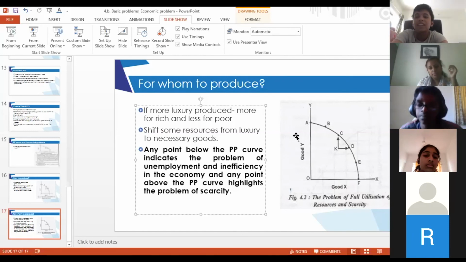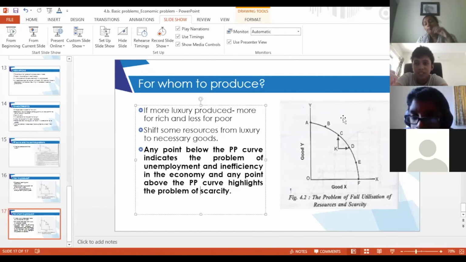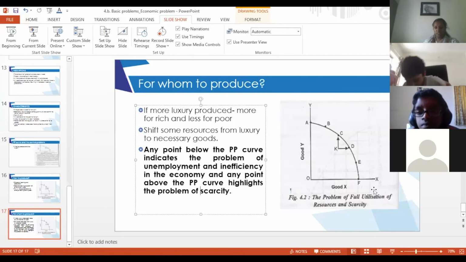Basically it tells us the fall and increase in utilization of resources between two commodities. Yes, it's two-dimensional, so it will always be between two commodities, any commodity, good X and good Y. It will tell you the possible combinations you can produce of the commodities when your economy is at maximum efficiency. Further than this, you cannot produce.